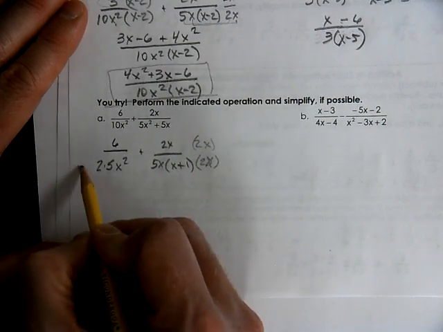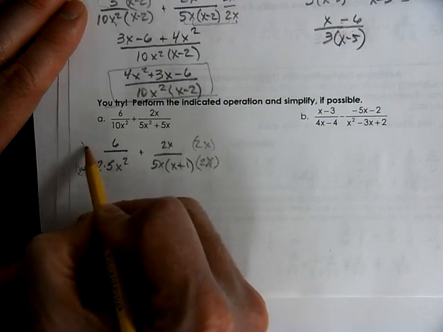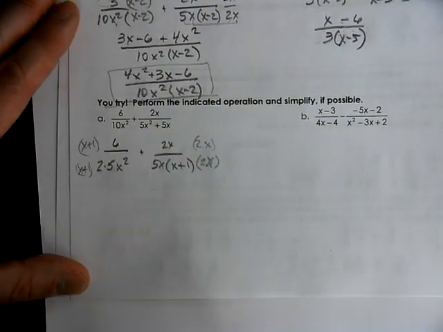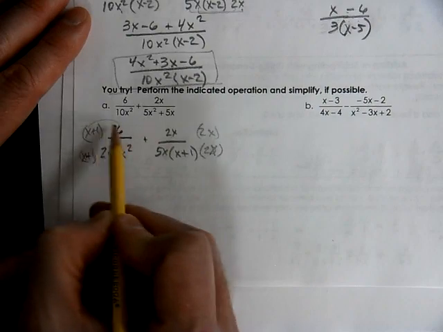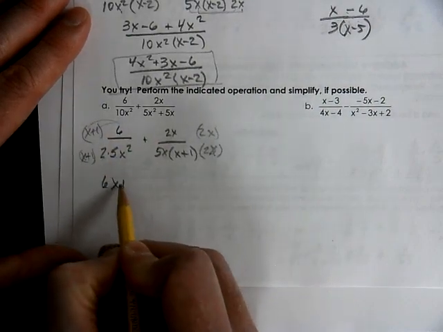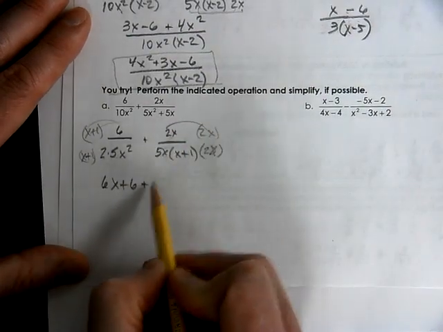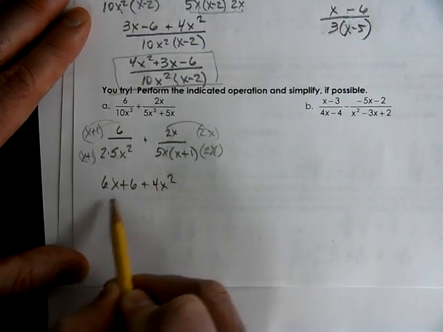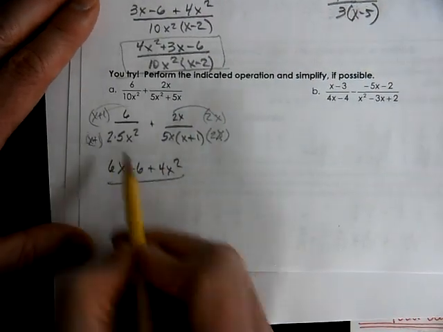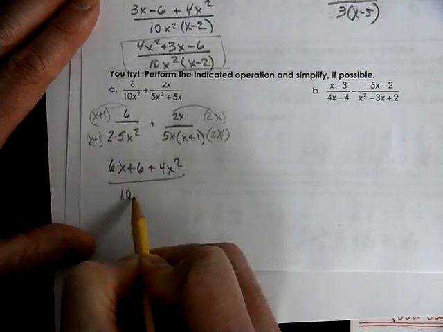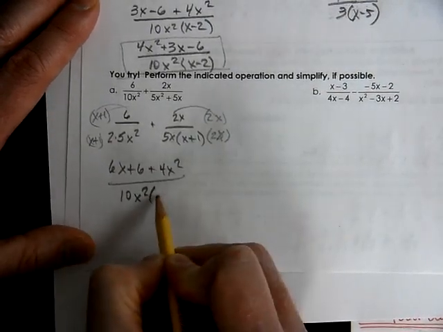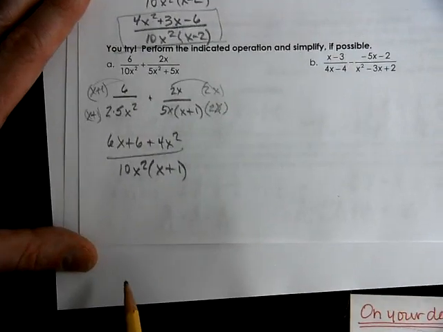This is missing the x plus 1 and the x plus 1. So this is going to become 6x plus 6. Over here, this is going to become 4x squared. And my common denominator is 10x squared, x plus 1.